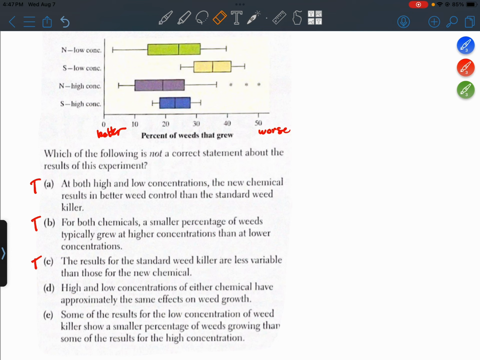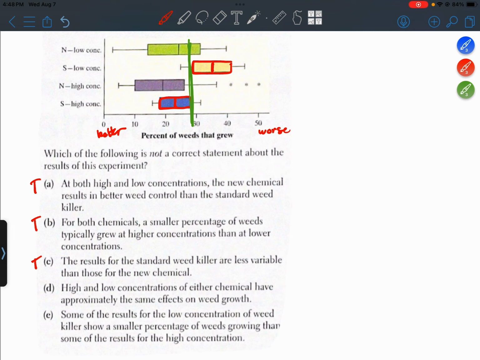But when we look at the standard chemical, high concentration versus low concentration, those medians I would say are significantly different. And there's very little overlap in the middle 50% of values. They're completely separated on that number line.